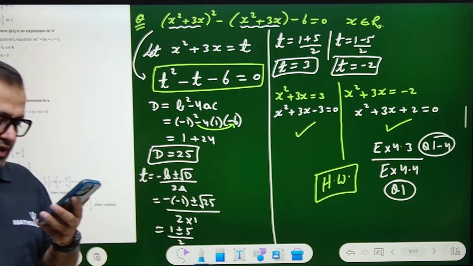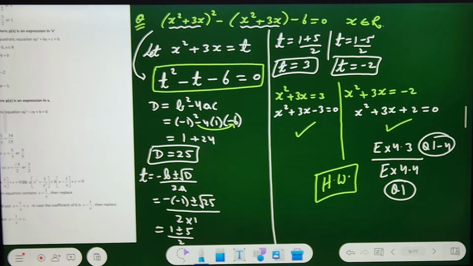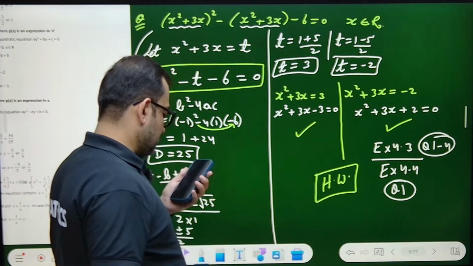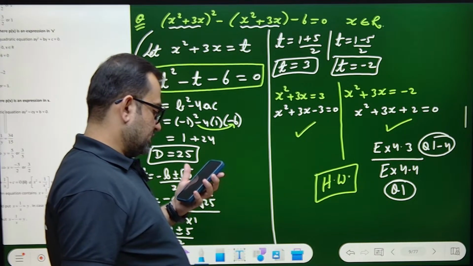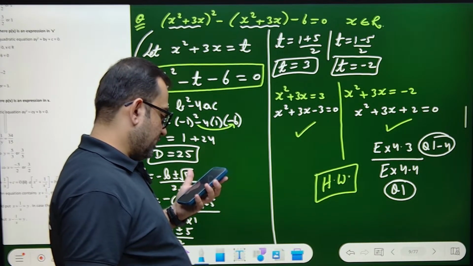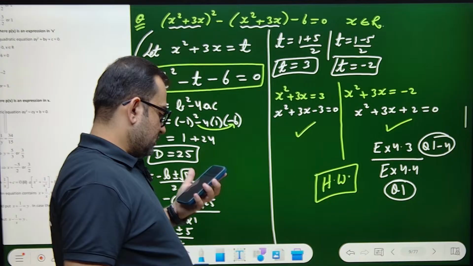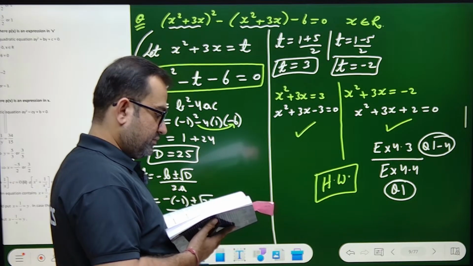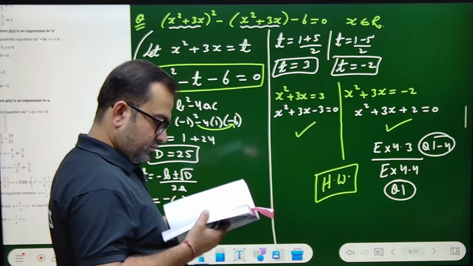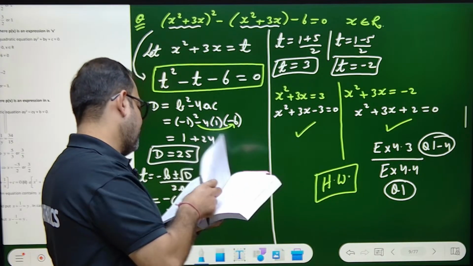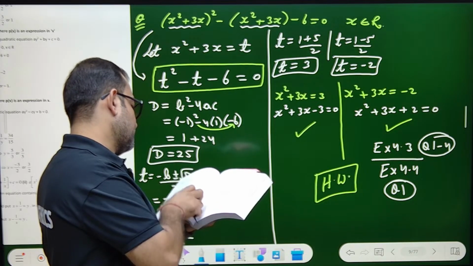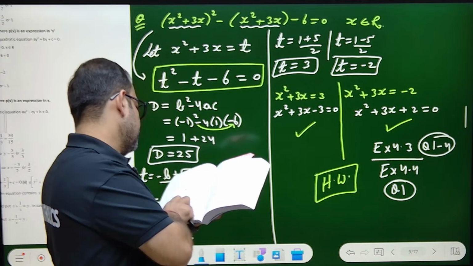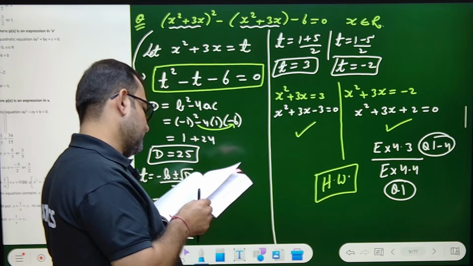Find the value of k in 4.1. How, sir? Exercise 4.1.